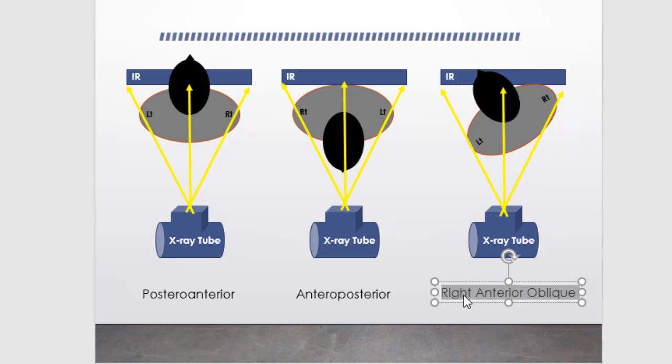So for this, if you want to write it, you have to write posterior-anterior right anterior oblique, meaning the X-ray enters the patient at the posterior aspect and exits at the anterior aspect. Okay, so this is posterior-anterior. The patient is currently in right anterior oblique position. How do we know that? Because the patient's right side is closer to the cassette and the left side is away, so the patient is in oblique condition in relation to the cassette.